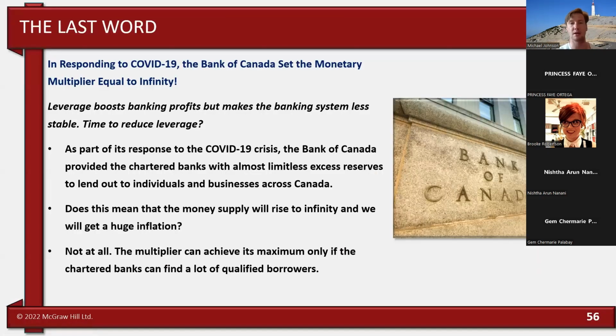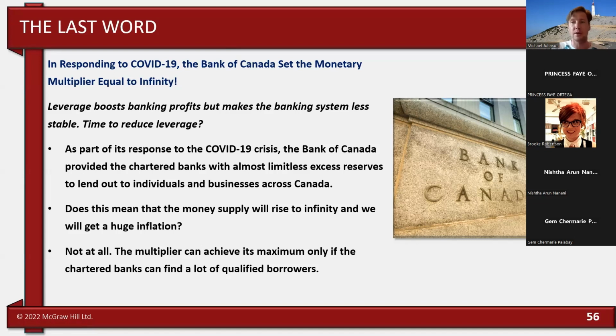The last word: in responding to COVID-19, the Bank of Canada set the money multiplier equal to infinity. Leverage boosts banking profits, but makes the banking system less stable. Time to reduce leverage. So they just kept printing and printing money. The U.S. government printed effectively limitless money.